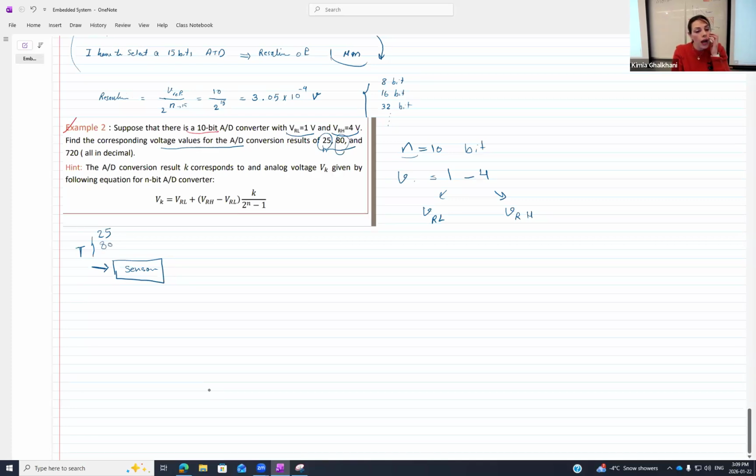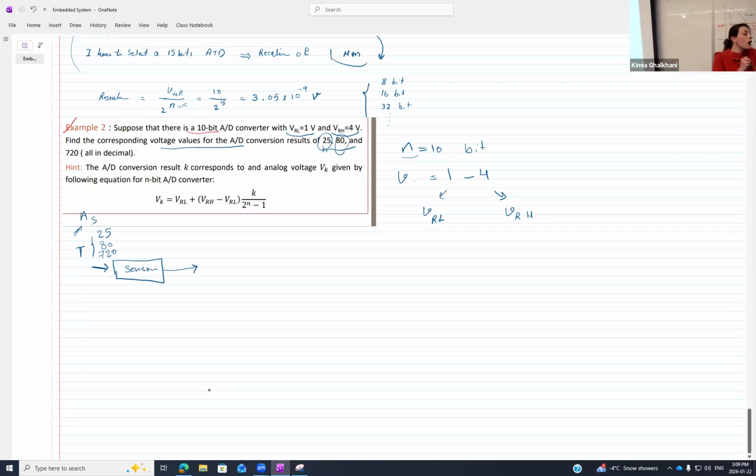I'm going to do 25. You can repeat the same process for 80 and 720. So this temperature for the microcontroller is not understandable as a temperature, right? Remember, it's an analog signal. Temperature is analog signal. Makes sense so far?